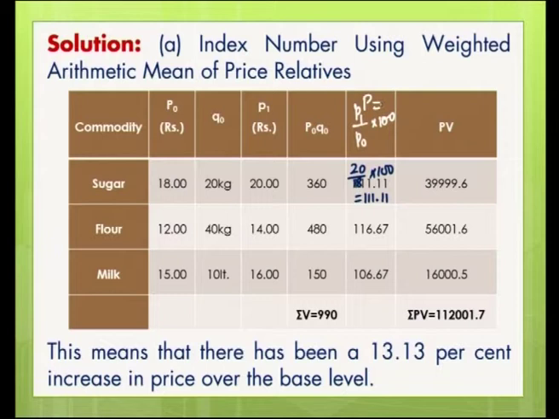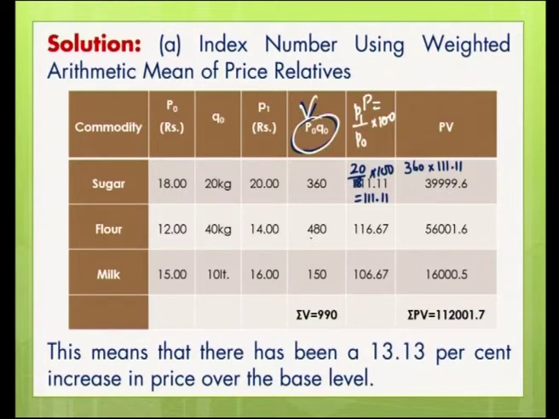So, this is PV: 111.11 into the V value. V is actually P0 Q0. So, 360 into 111.11 is 39999.6.